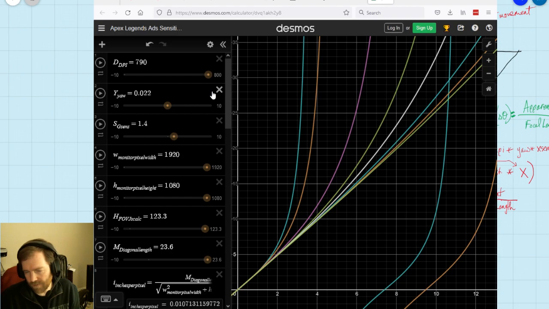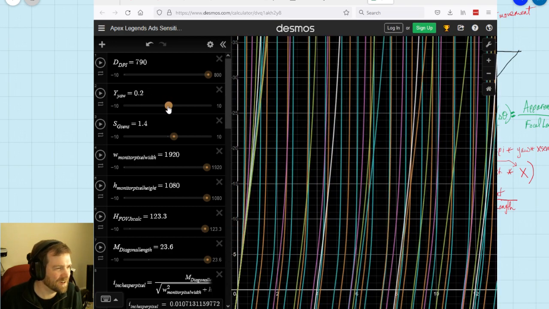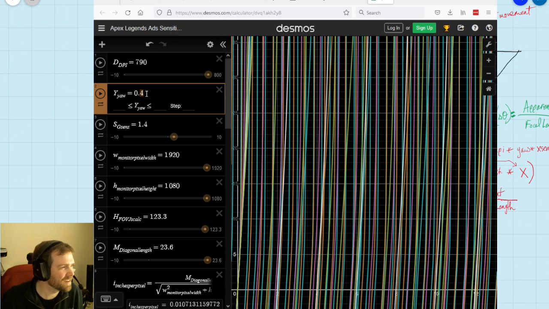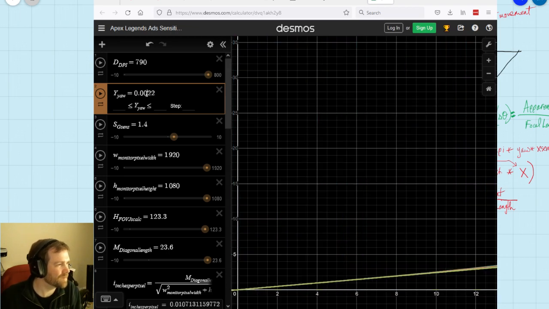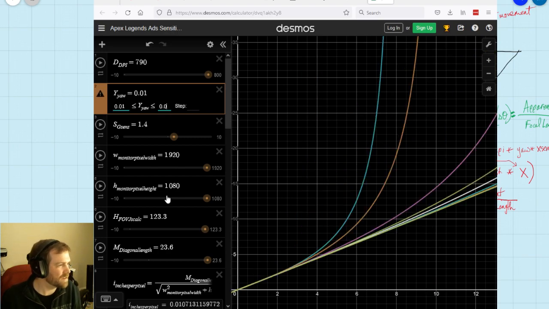So the apparent distance versus the focal length decreases, means the focal length must be increasing, relatively speaking. Let's go between 0.01, 0.03.